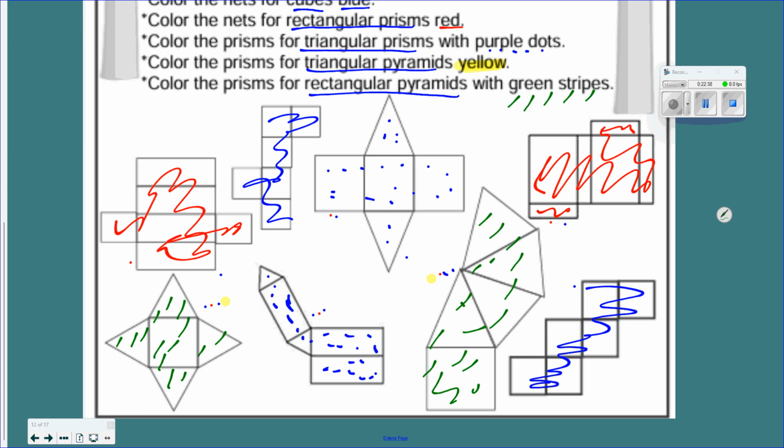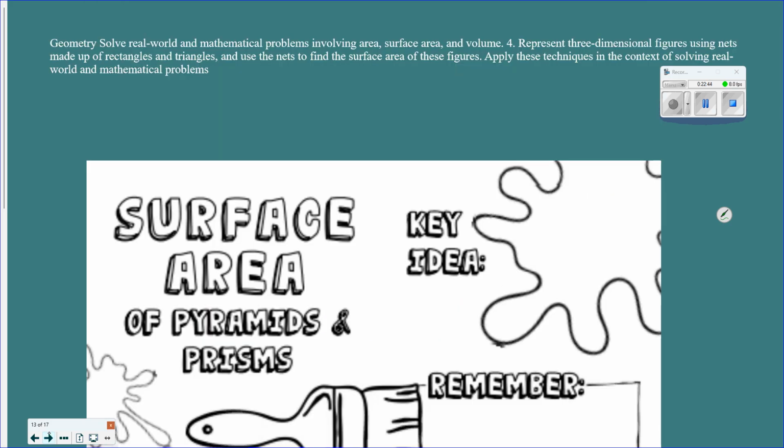Okay. And now, go back to the first page. Okay, our key idea. Key idea on this one. What are we doing? In all these cases, what did we end up doing to find our area?